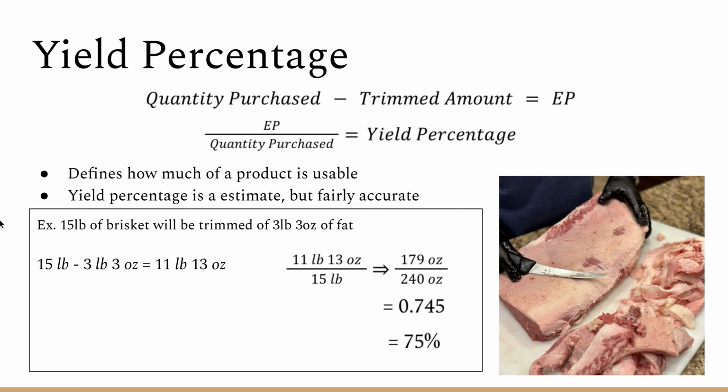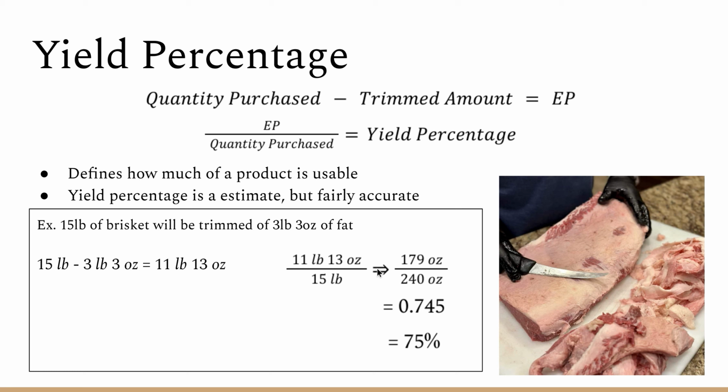Example is I have 15 pounds of brisket that would be trimmed of 3 pounds, 3 ounces of fat. So we take our original quantity purchased, that is 15 pounds minus 3 pounds, 3 ounces, and that gets me to 11 pounds, 13 ounces. This is my EP weight, I plug that back into the equation.